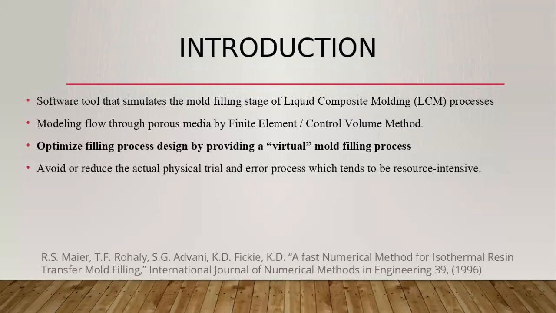When you keep adding the number of items you need for an experiment, such as the distribution media, the vacuum pump, the tacky tape, and the ports and the tubes, it does tend to get expensive. The resin itself is expensive. So that is the reason you want to minimize the trial and error process.